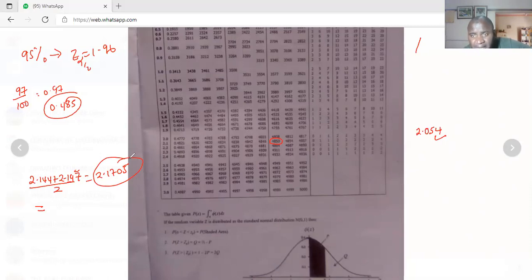My confusion is on 2.17, that last figure, 05. How did I get this 2.1705, for example? Okay, that is now using page 50.